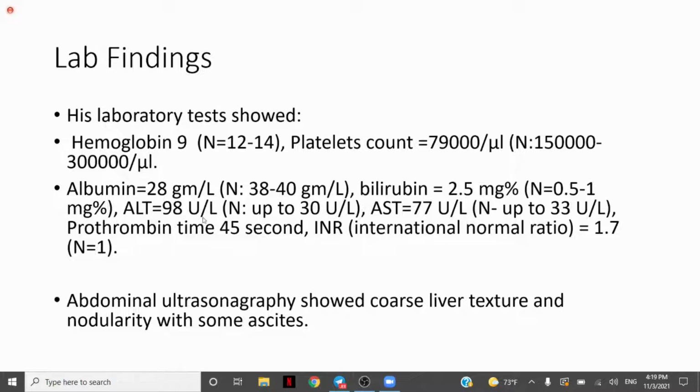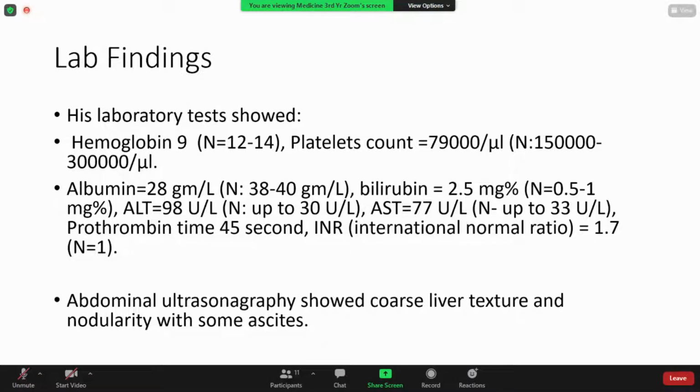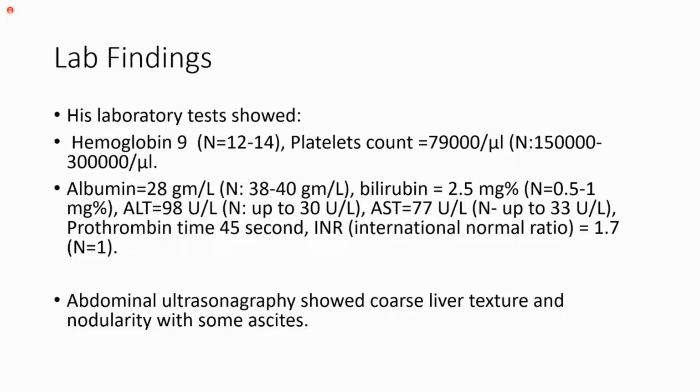The prothrombin time is 45 seconds and the INR, or international normalized ratio, is 1.7, which means he has a bleeding tendency. What does INR mean? It is the comparison between the prothrombin time of the individual and the normal.